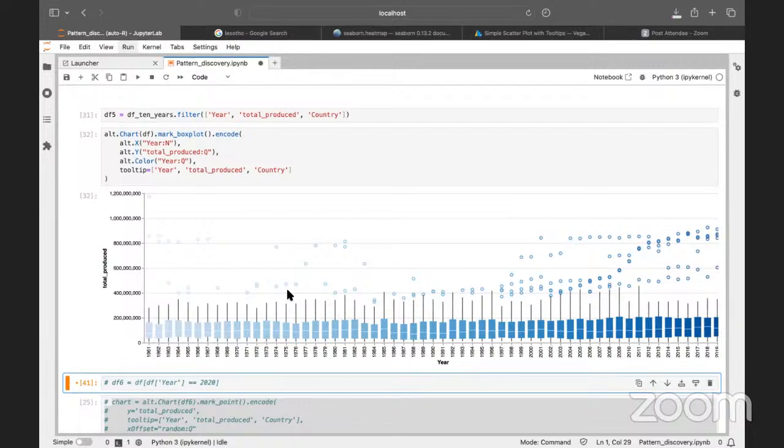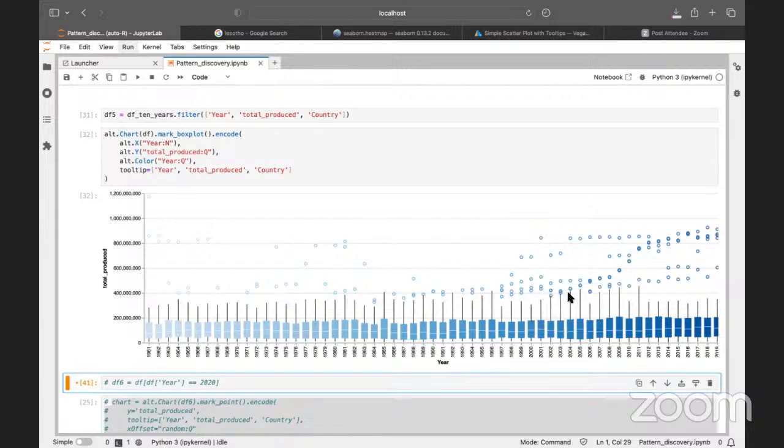We can see a pattern to the outliers. We don't get as many outliers at the beginning of our data set, the early years, 1961. But as we progress, a lot of countries break out of the average production rates, and a lot of countries stay consistently as outliers. So if we look at this, we see Mozambique, and we see Mozambique again in the next year, and again.